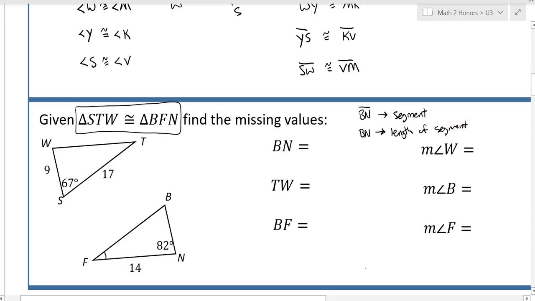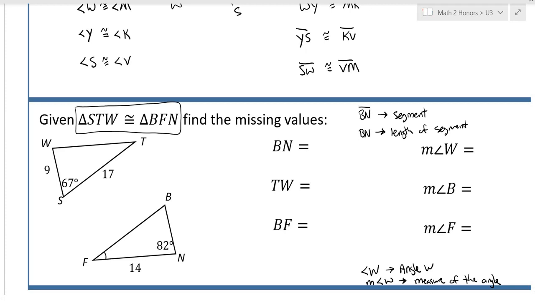Also, if I do angle W, that refers to the actual angle W. But if I go M angle W, that's talking about the measure of the angle. Okay. So slight differences in notation here, but they're important differences to note. So we're going to see that here.